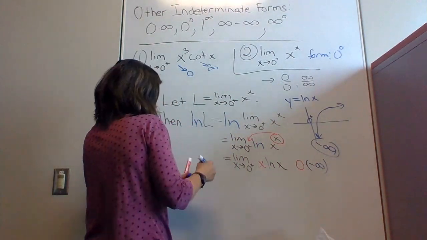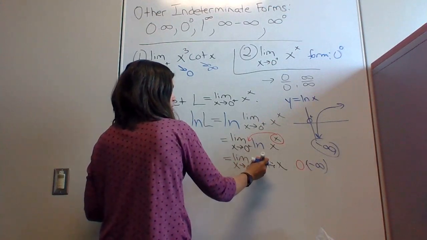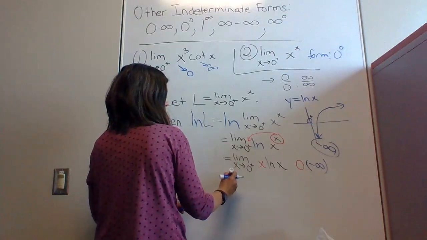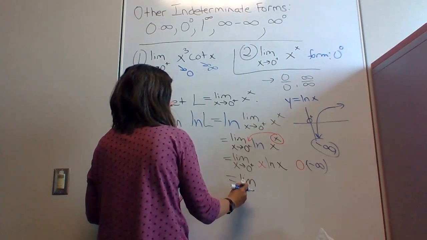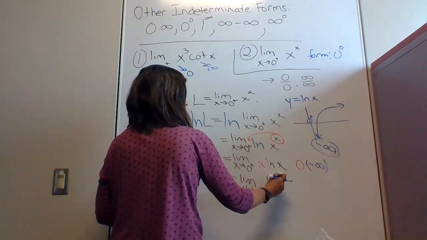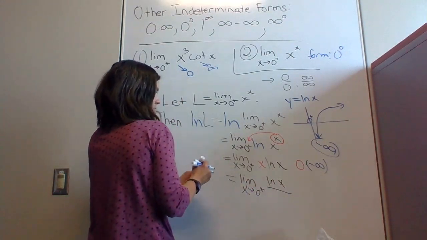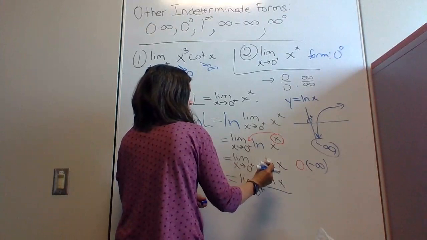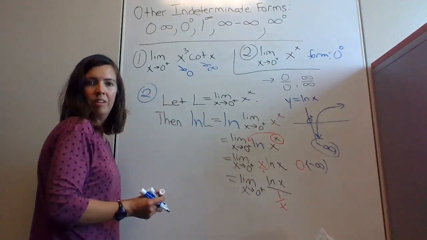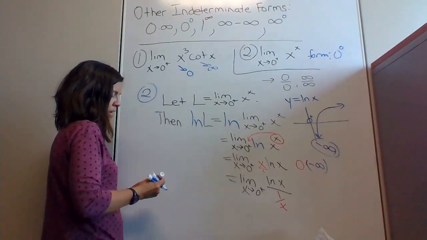What we want is to see it written as a ratio. So what if I take this x now and I'm going to move it downstairs to the denominator? So this is equal to the limit as x approaches 0 of ln of x over, instead of putting x over 1 in front here, I'm going to put 1 over x on the bottom. And now we've got it written as a ratio.